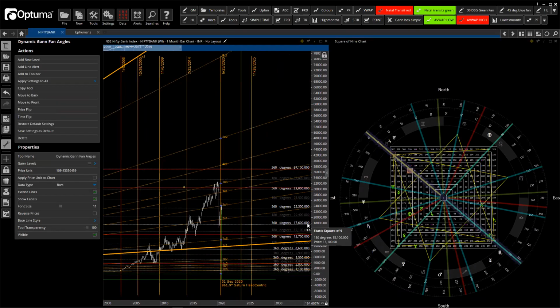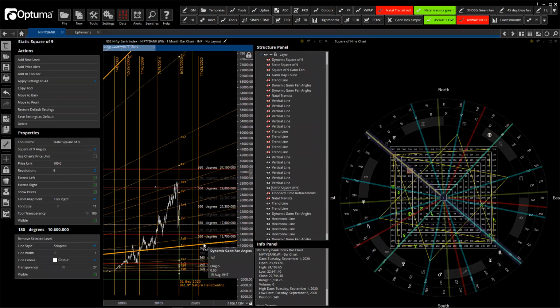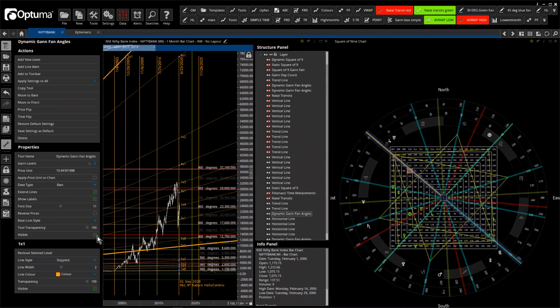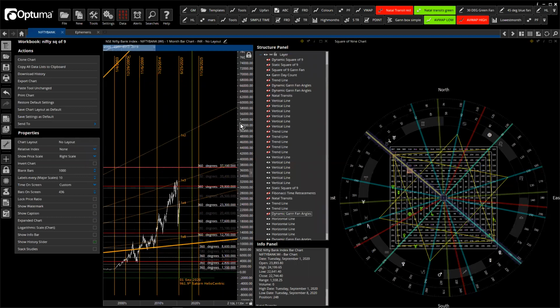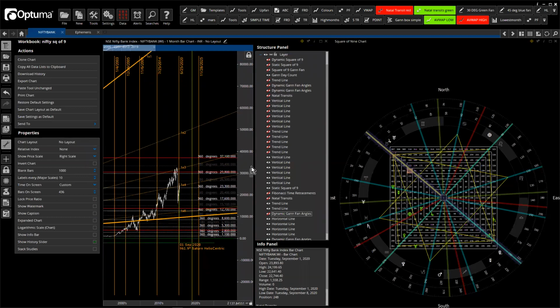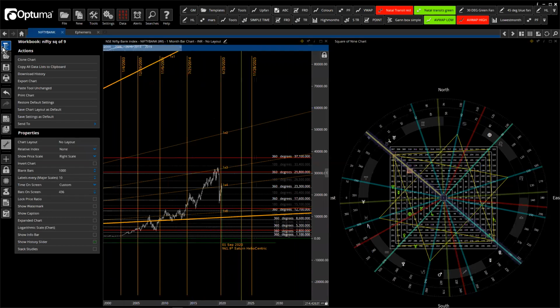Now let's take a look at this. Let's zoom out a little bit. Let's get rid of that other, the lower level geometry fan. Did I get it? Yeah, there we go. And now if you can, let's maybe zoom out a little bit.